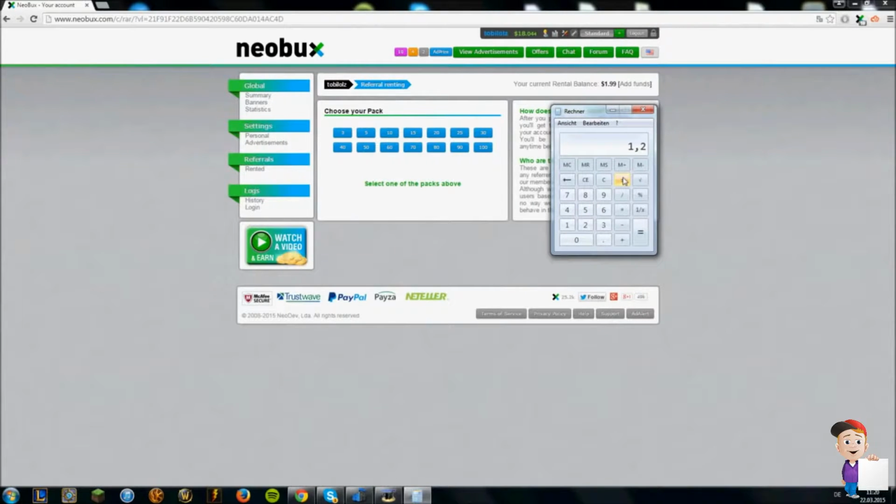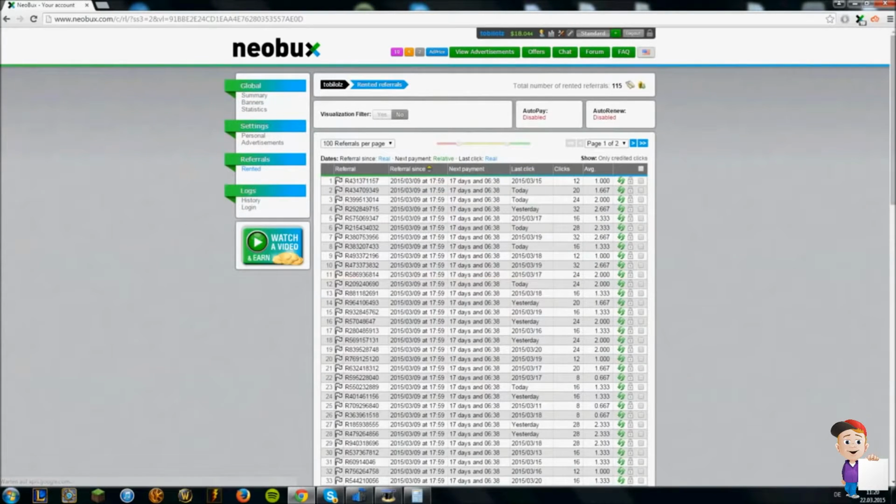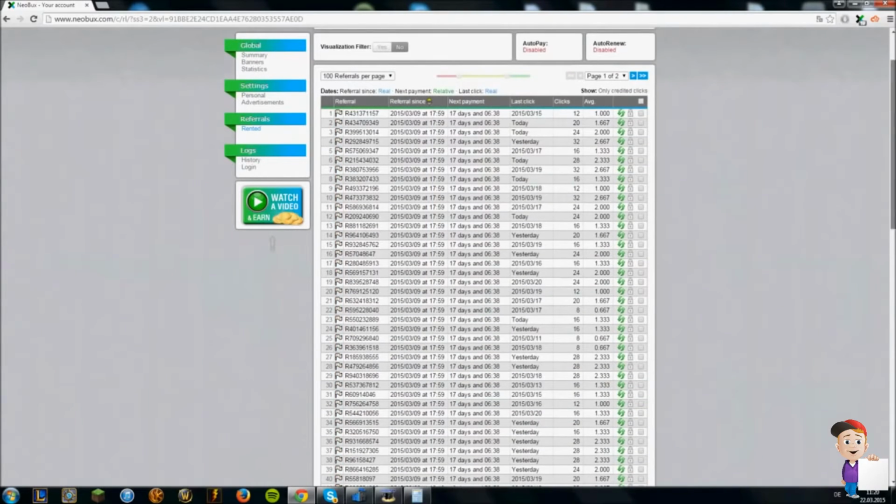If one referral doesn't click for 15 days, you can see the referral clicks here. This is the list of your referrals. If one referral doesn't click for 15 days, NeoBux will recycle it for you for free and give you a new one.